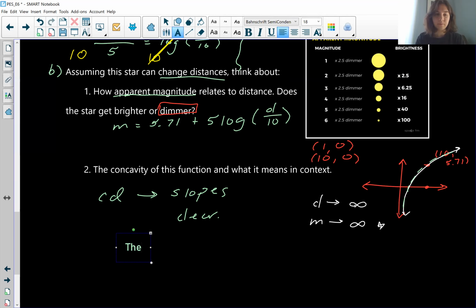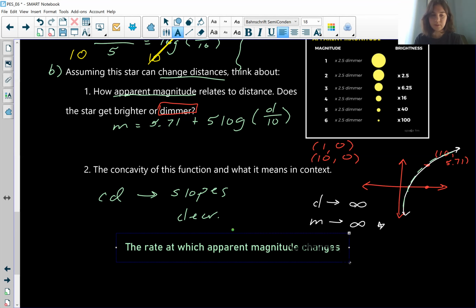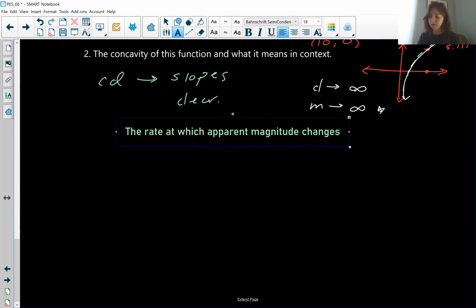So the rate at which apparent magnitude changes, let me move this down, is decreasing. So the rate of change is decreasing as distance increases.